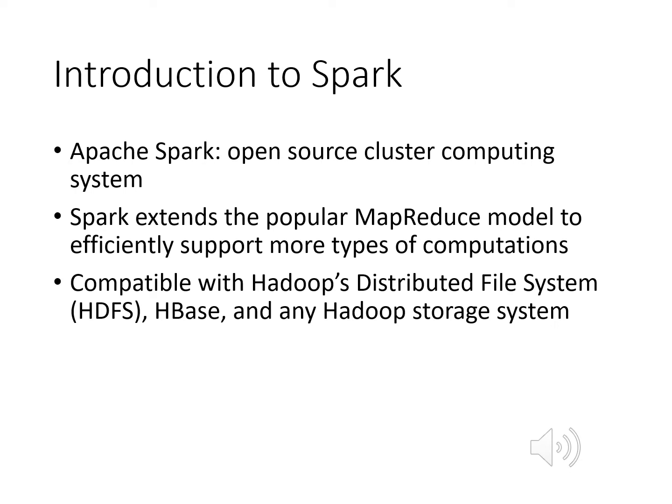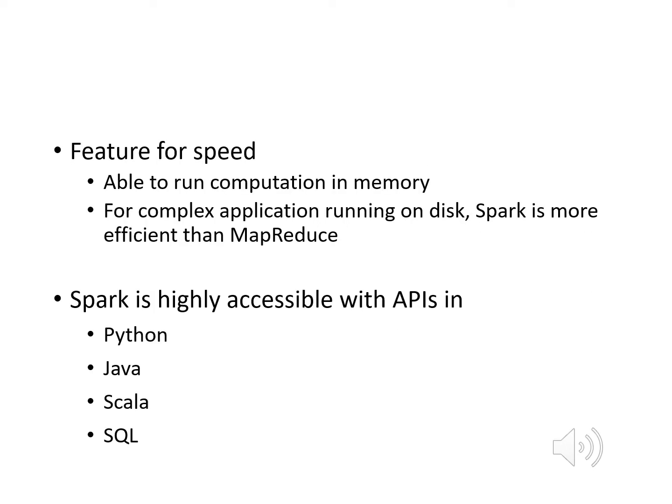So it's compatible with Hadoop's HDFS, HBase, and any Hadoop storage system. One of the main features Spark offers for speed is the ability to run computations in memory. And even for complex applications run on disk, Spark is more efficient than MapReduce.